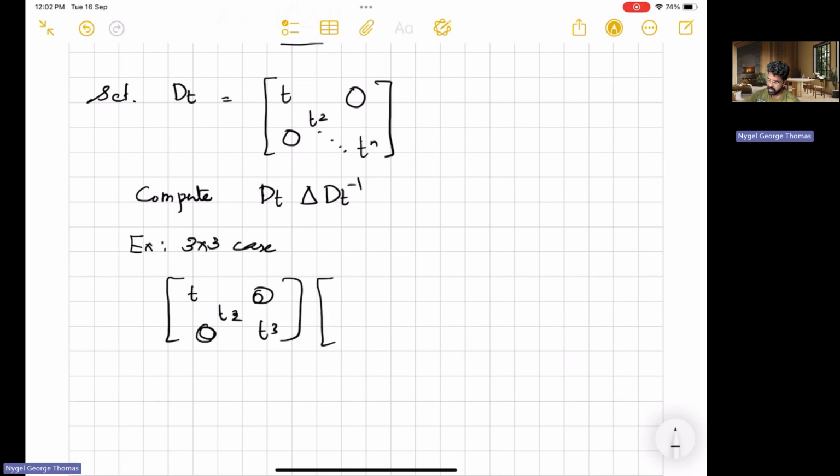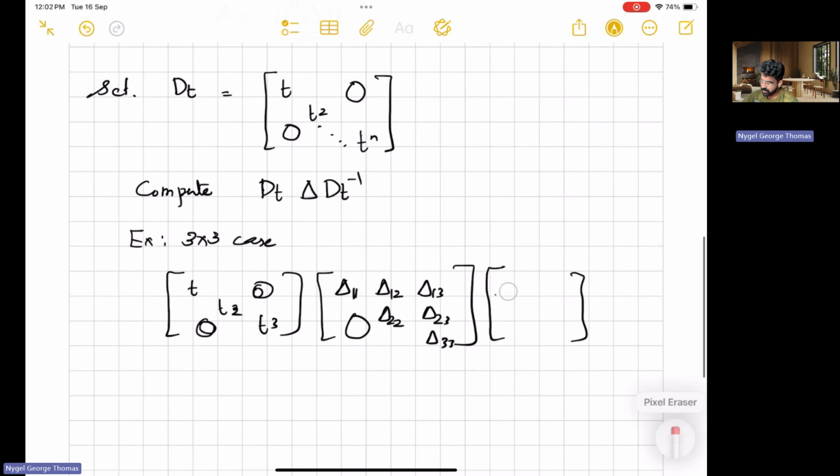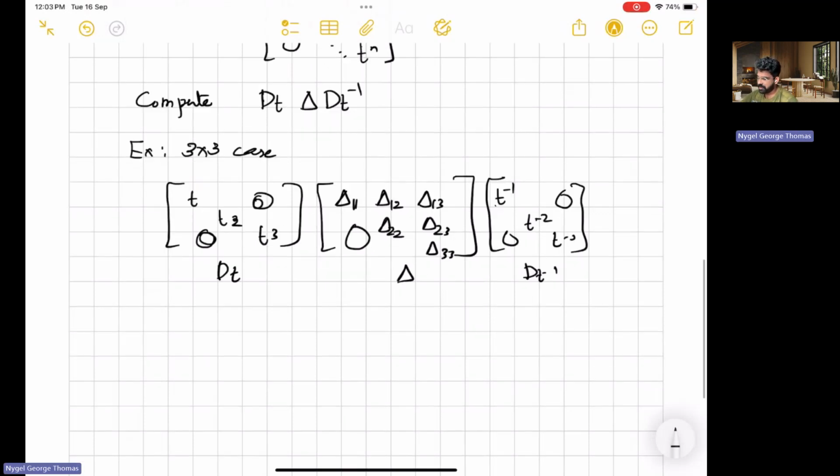Here we have triangle 1 1, triangle 1 2, triangle 1 3, here triangle 2 2, triangle 2 3, and triangle 3 3, the rest being 0. And here we have the inverse of this. Since it's diagonal, you just take 1 by t, that is t inverse, t raised to minus 2, t raised to minus 3, the rest being 0. Okay, so let's multiply this. This is Dt inverse, this is triangle, and this is Dt for the 3 by 3 case.